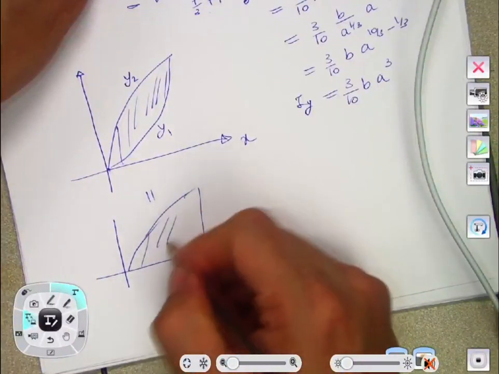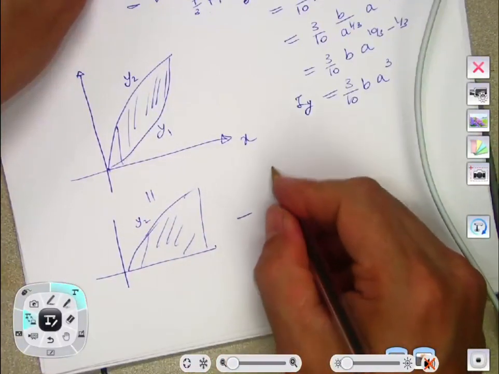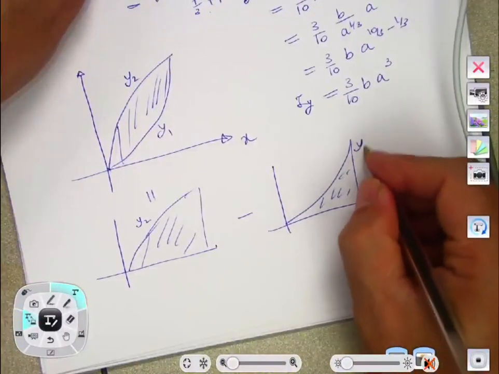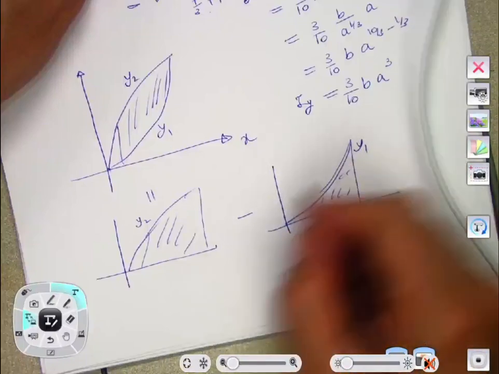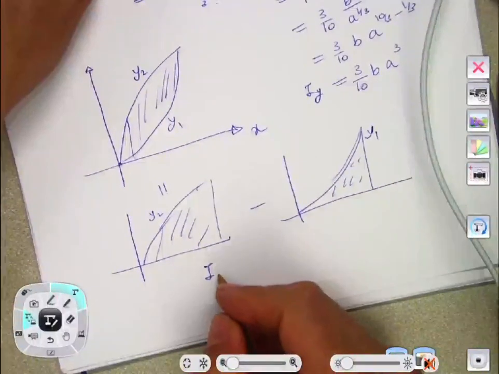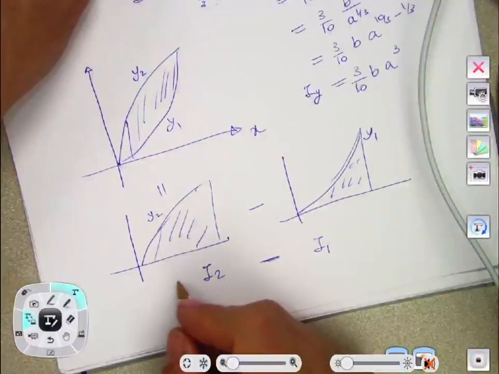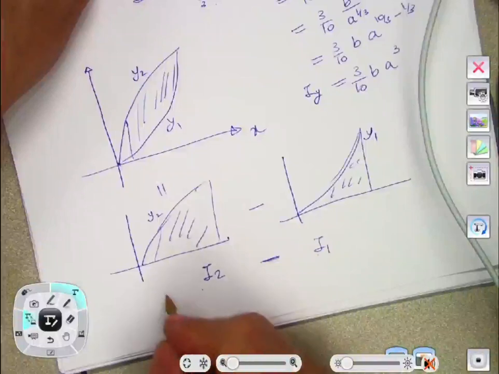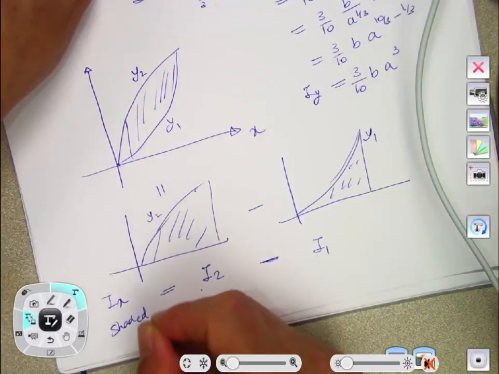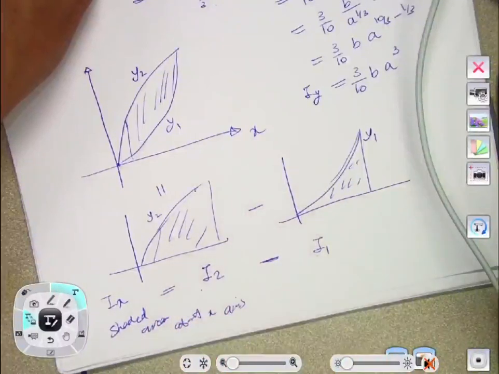Once you consider the area under y2, and then you consider another case, the area under y1. If I find the moment of inertia for this one, I'll call it I2, and this one I1, I can simply subtract I1 from I2, and that gives me Ix of the shaded area about the x-axis.